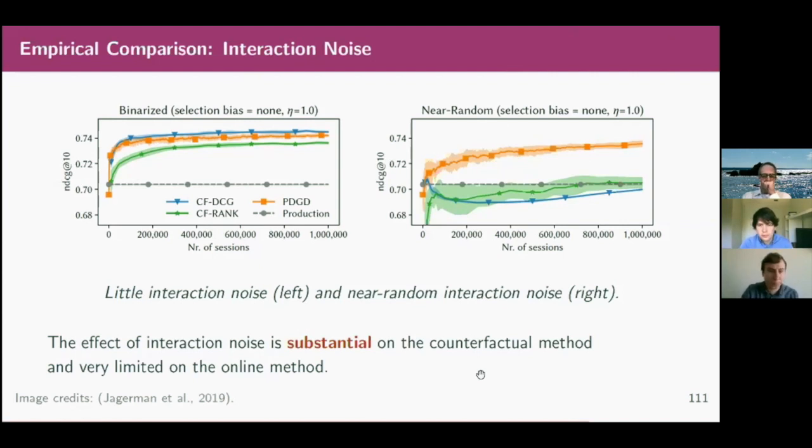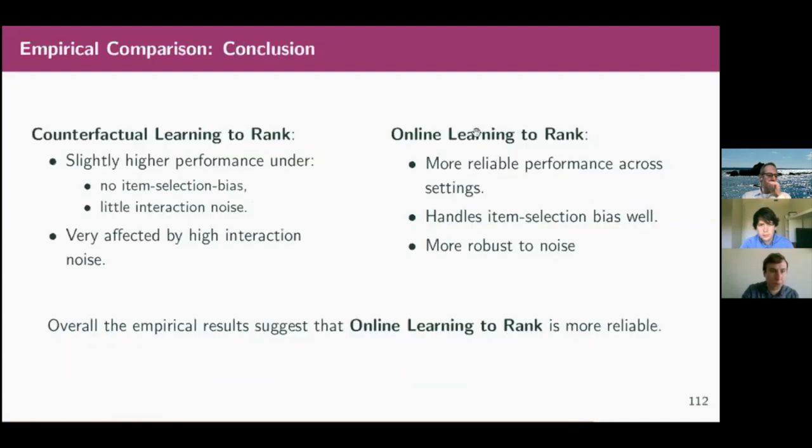All right. So moving on to conclude this empirical comparison where we try out these different methods in a simulation, we see that counterfactual learning to rank produces a slightly higher performance when there is no item selection bias and when there is little interaction noise, but it seems to be much less effective if there is a lot of interaction noise.